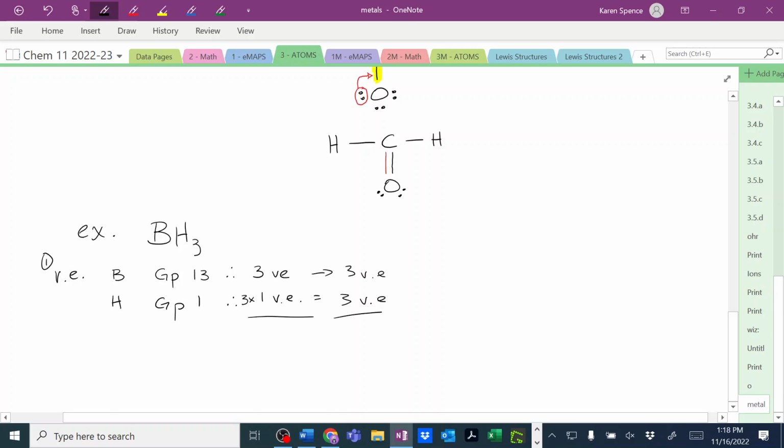So in total, we have 6 valence electrons. Okay, hydrogen and boron. So it goes 2, 4, 6.